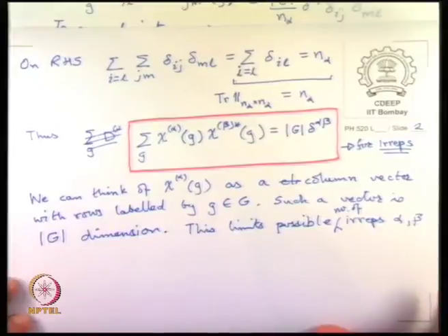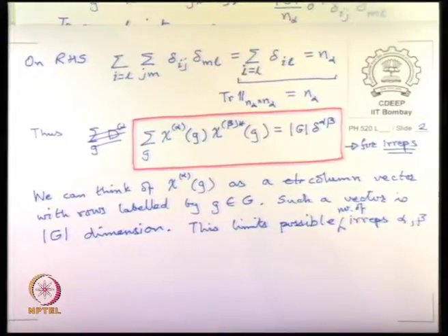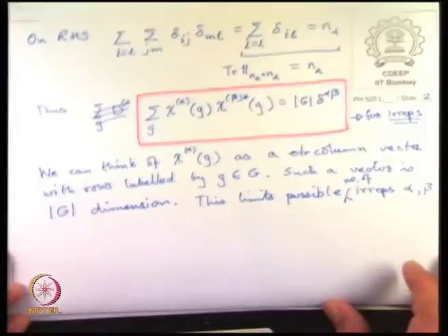By now we remember that the characters in a particular conjugacy class are the same, because under conjugate transformation the trace doesn't change. So characters in a conjugacy class are all the same.